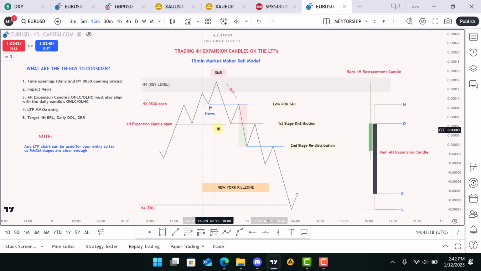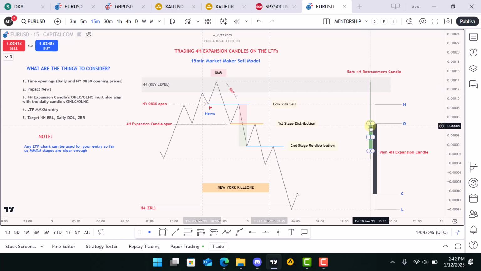Now, as we discussed in my previous video with regards to candle range theory and the reversals, here we can see that this 4-hour candle raided buy side liquidity into a 4-hour key level. Now this key level can be an order block or an internal range liquidity, and then it also closed as a reversal candle.